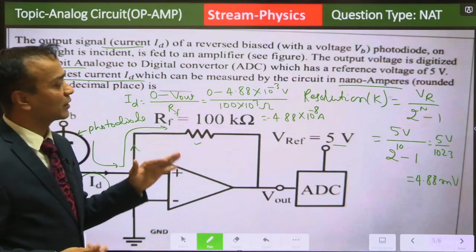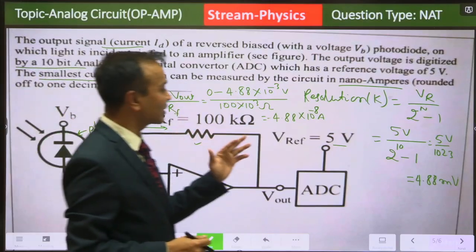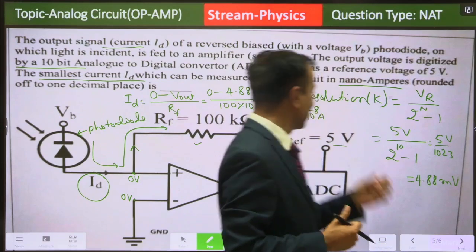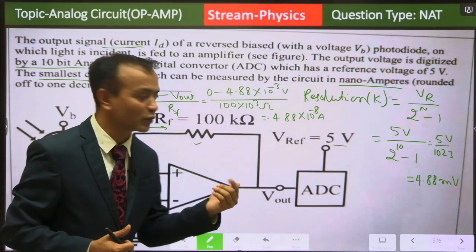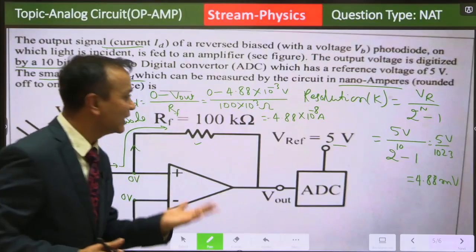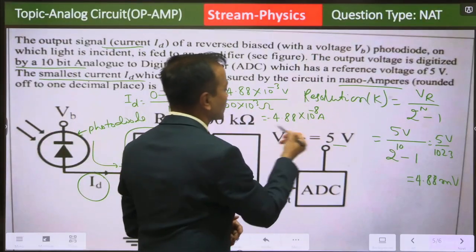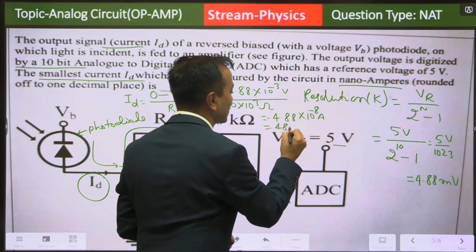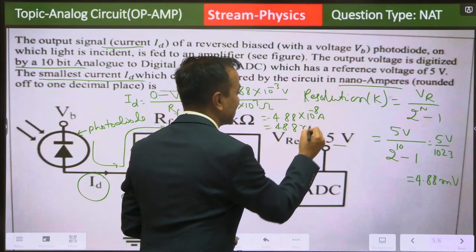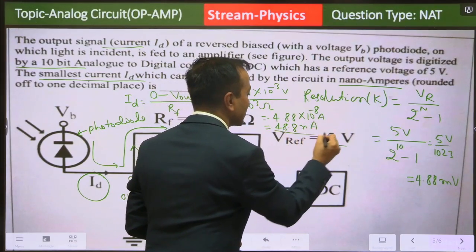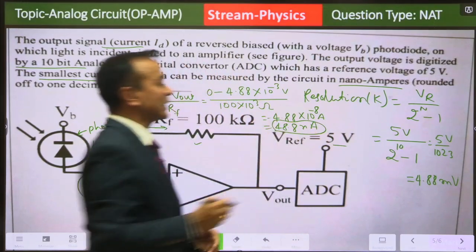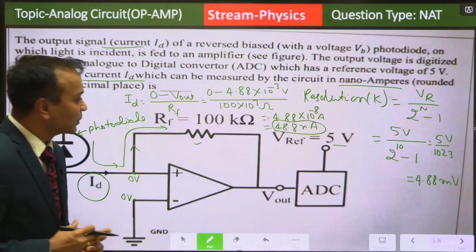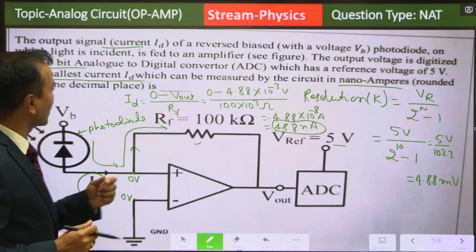But as per the answer key provided by the GATE committee, the answer is given in positive terms only. It means they consider only the magnitude. So if you want to change this into nano ampere, this becomes 48.8 nano ampere. 48.8 nano ampere is the final answer.